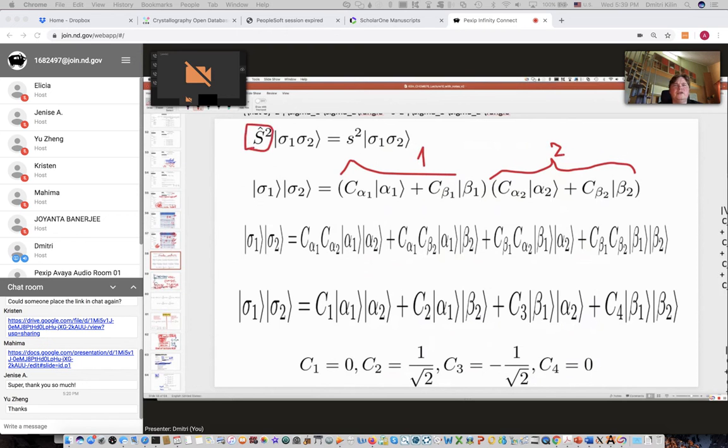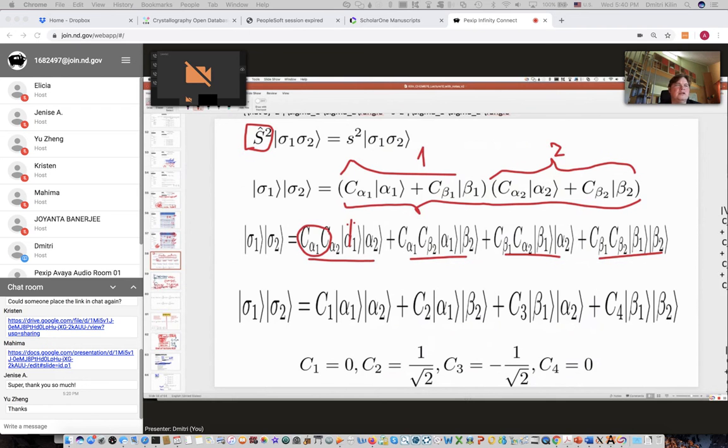If one opens this product of 2 brackets, with 2 terms in each, there will be a total of 4 terms. And the interpretation of each term is the following. The first one is the probability that both the first and second spin are oriented up.